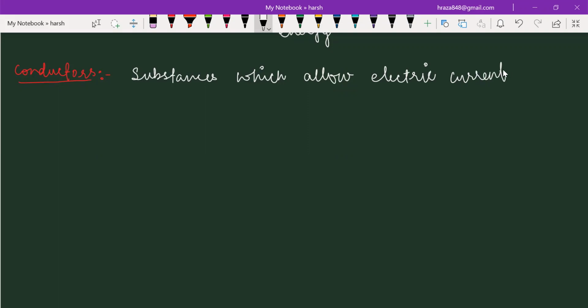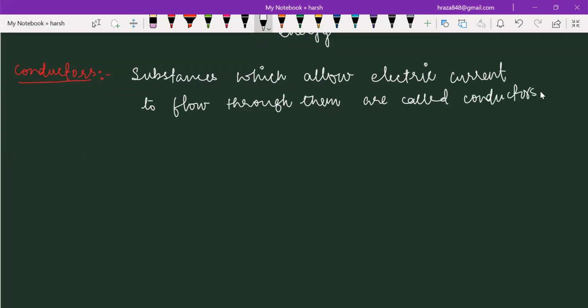Basically, substances which allow electric current or electricity to flow through them are called conductors. Yes or no? Yes, sir. Very good.